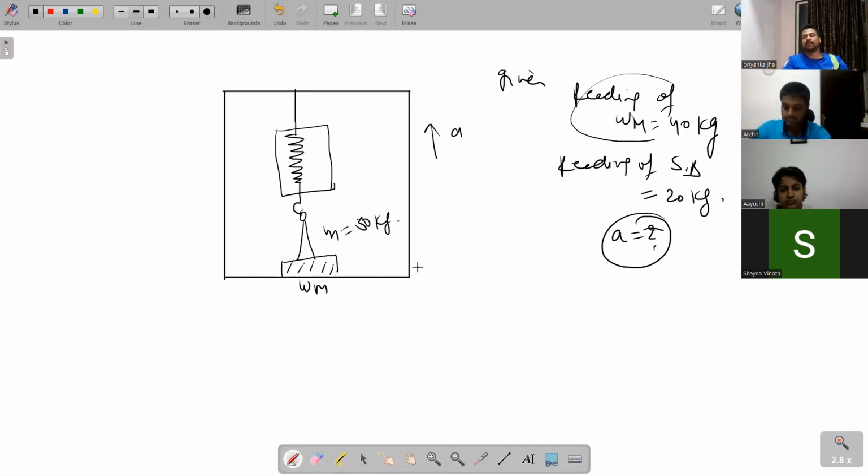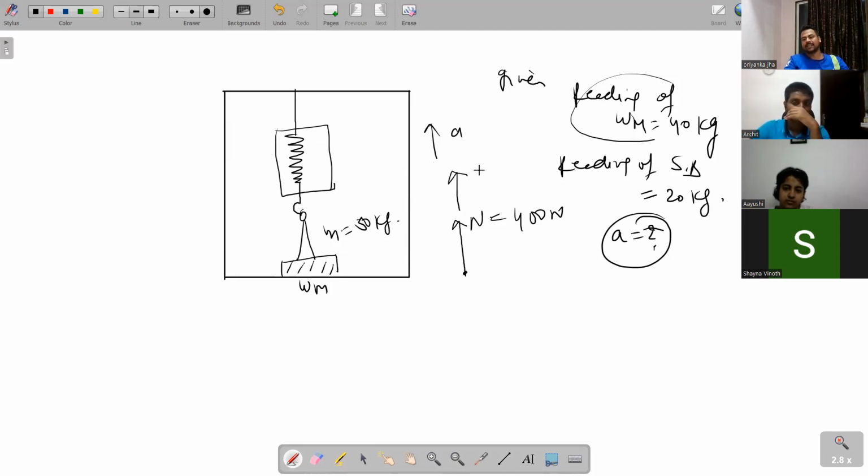See the reading of the weighing machine. So draw the FBD of this man. Weighing machine gives you normal force. So the weighing machine will apply one normal force. That is how much? 40 kgf means 400 Newton, multiply by 10, that is g. And the reading of a spring balance is the tension in the spring. This will pull this man up.